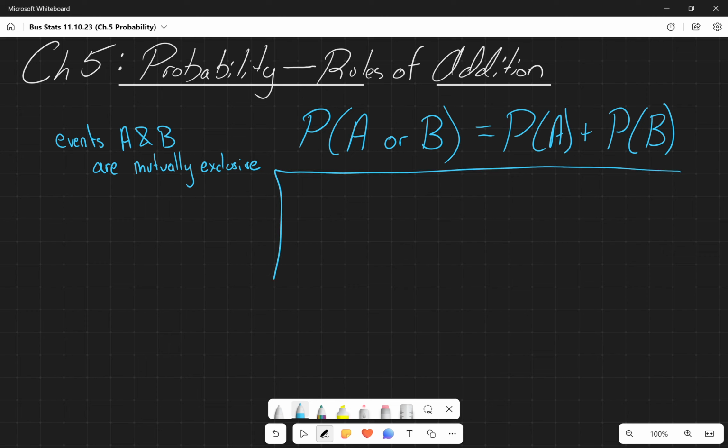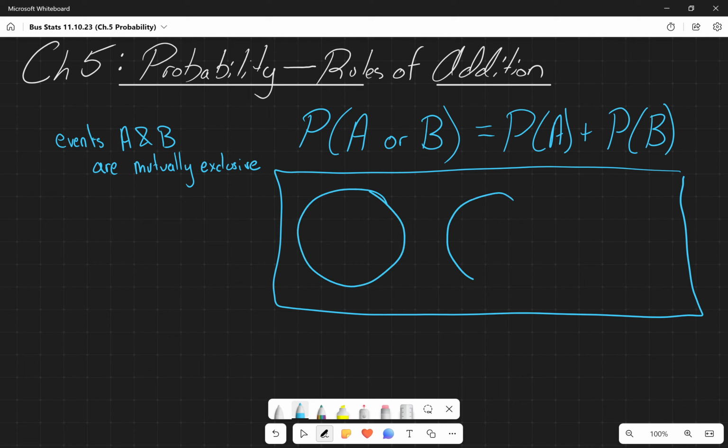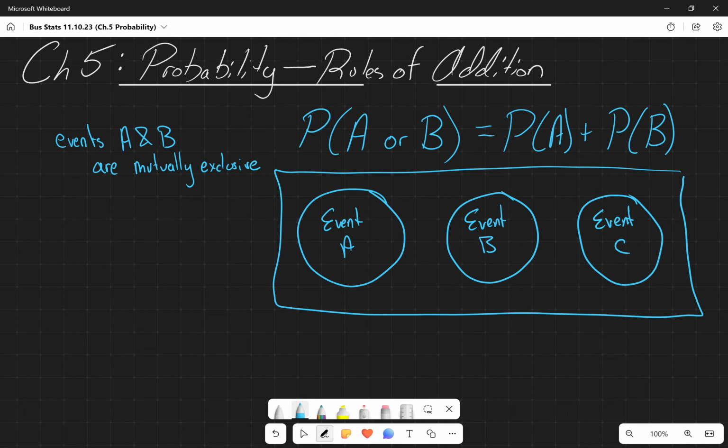So this is the situation where all of my events are separate and distinct from one another. So they don't overlap, and they're therefore mutually exclusive.